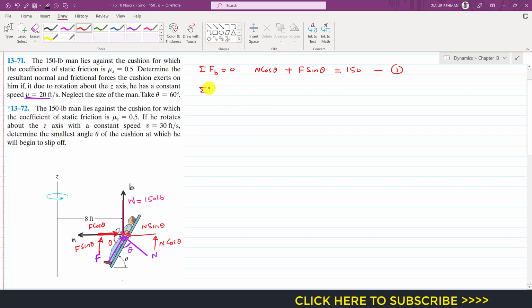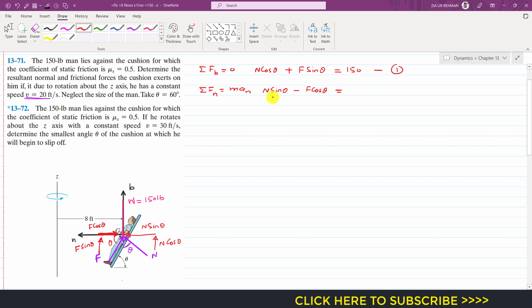Now if we apply the summation of forces along the normal axis, this will be equal to m times an. Again, as we can see, n sine of theta is acting in the positive n direction, so I will write n sine of theta minus f cos of theta.